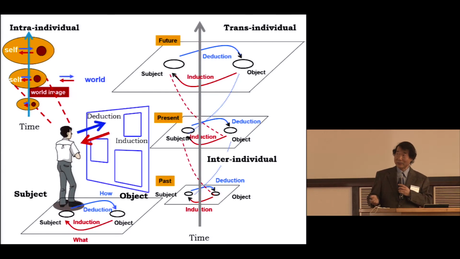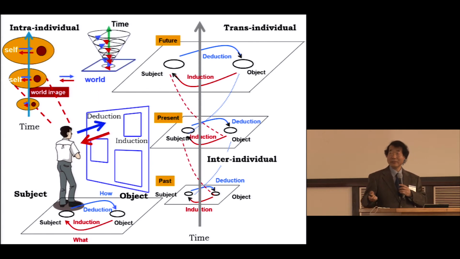So as time proceeds, the situation looks like spiral patterns. As a result, emergence occurs. It means that we can see some new perspective in the future.